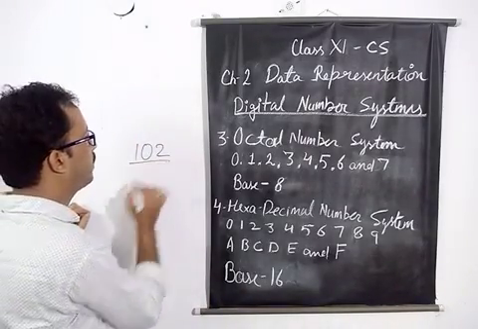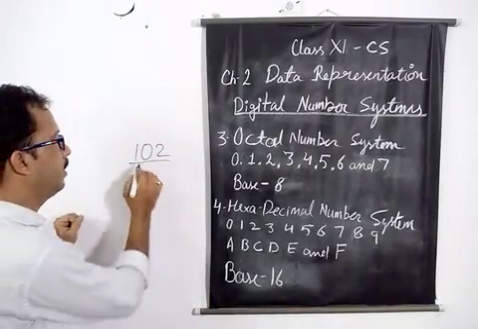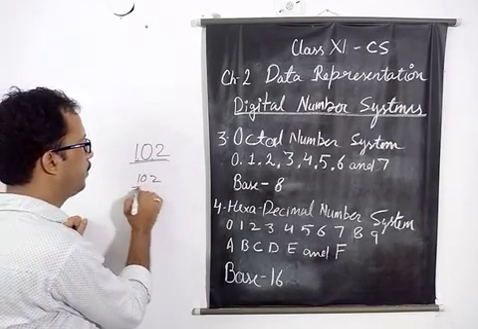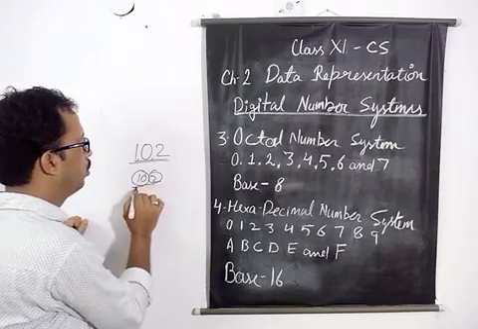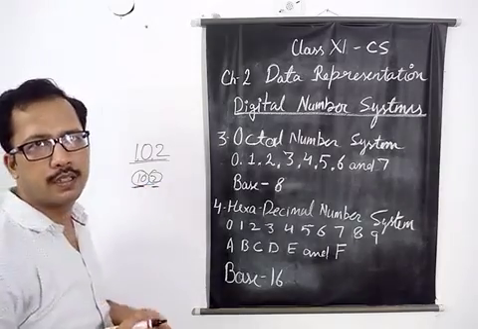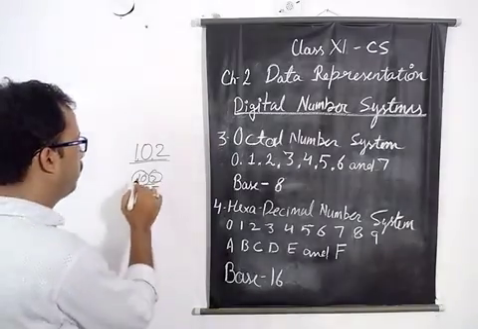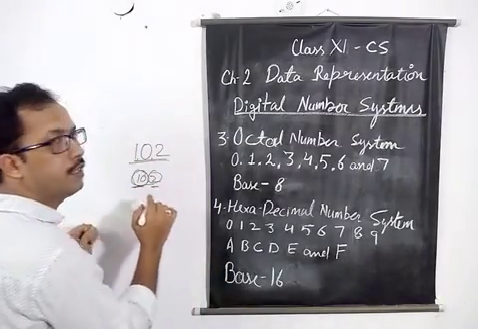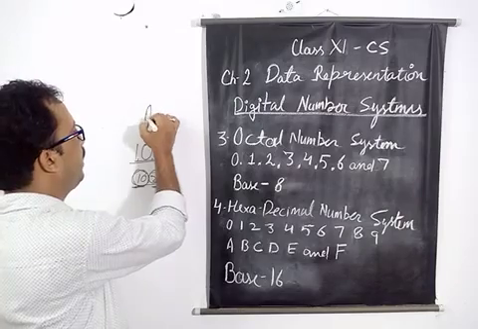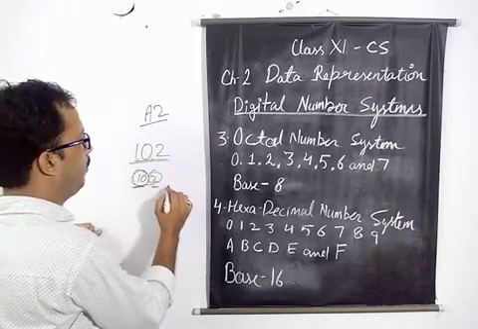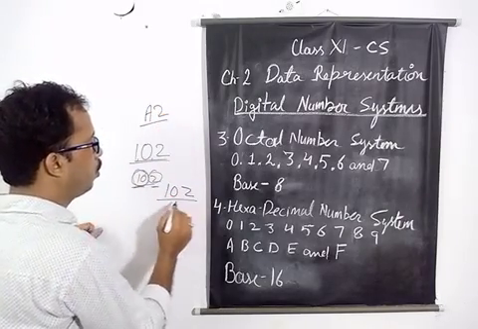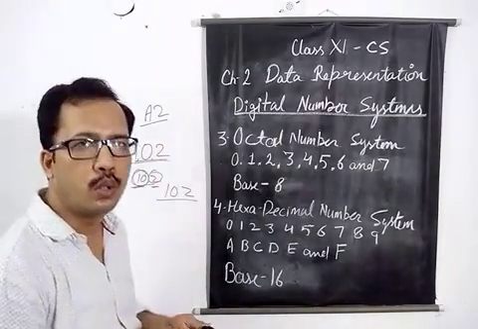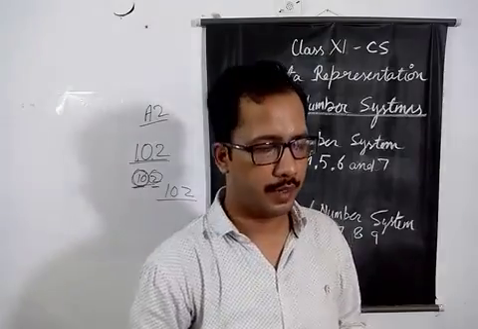If it is a 3-digit number, it represents three digits. So the 2-digit number 10 is replaced by A. If I write A2 and 102, 102 is a 3-digit number and A2 is a 2-digit hexadecimal number.